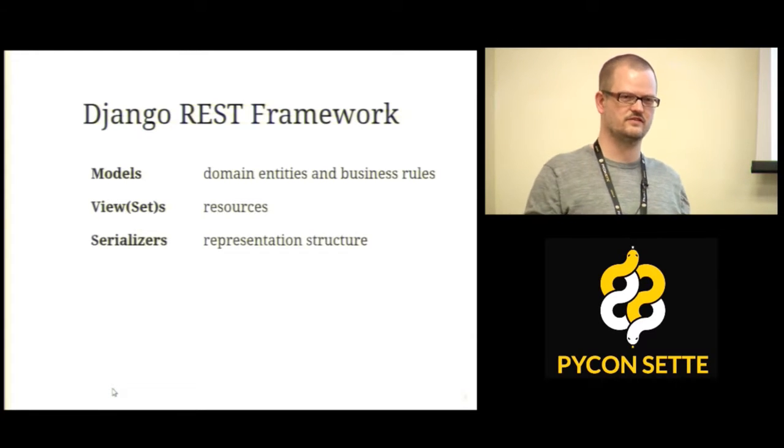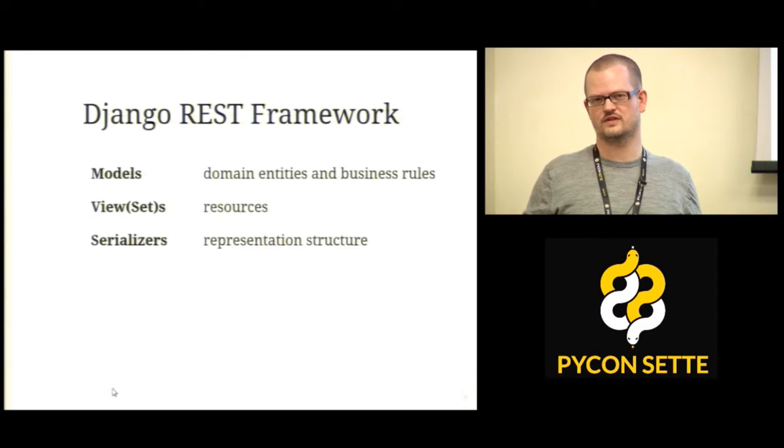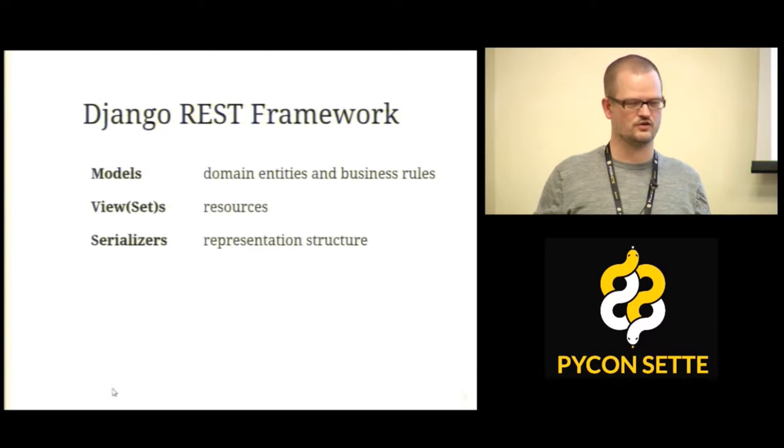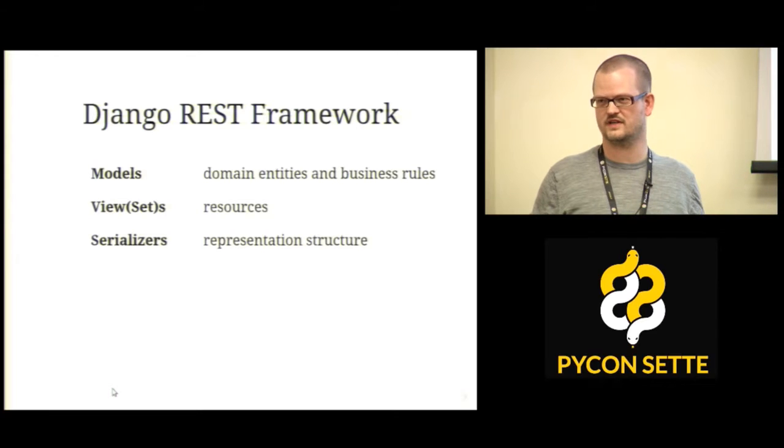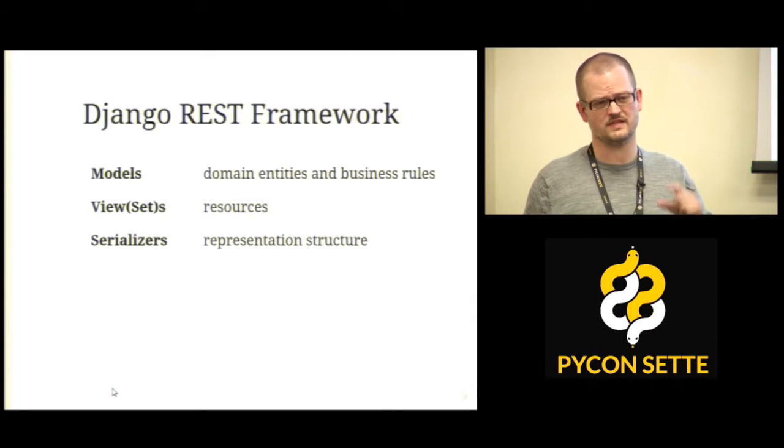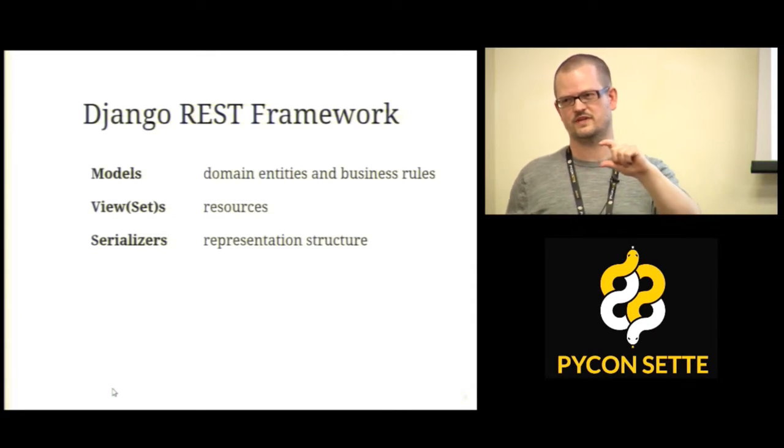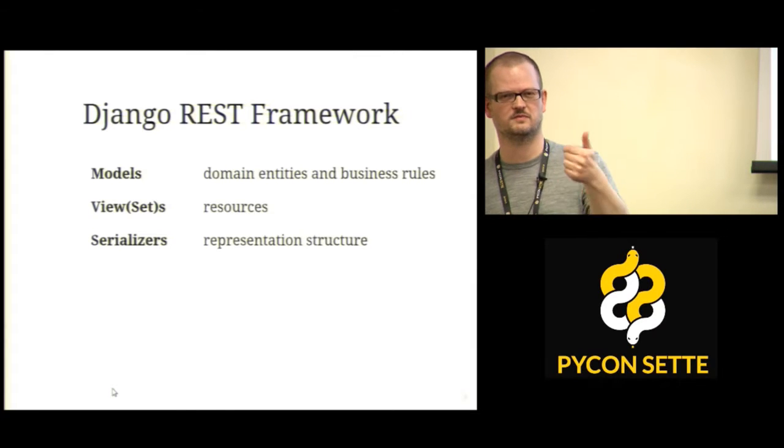Then you add serializers, which look a lot like the serializers from Django Shop, I think. Forms in the way of HTML. They define the representation structure. So they are basically a bit of a translation between the models and what the API representation shows.